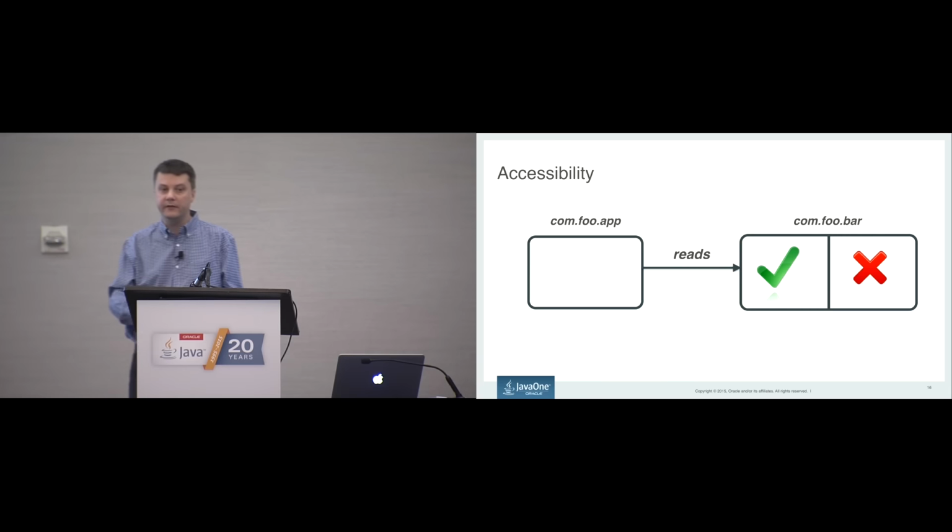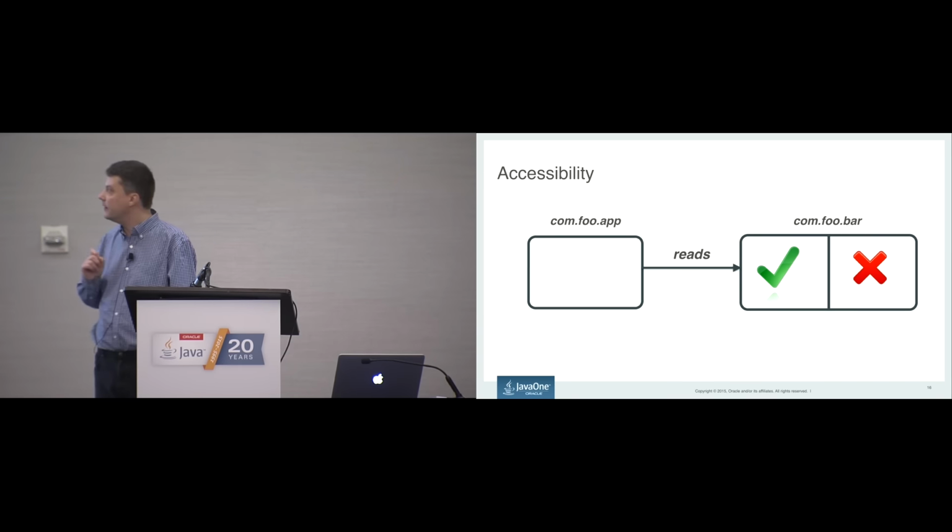What this means is that it can access the public types in the exported packages of Confu bar. It cannot access anything in the non-exported packages. This big red X on the right is my internal packages. Even though Confu app reads my module, it cannot access any of the types in those packages, even if they're public.